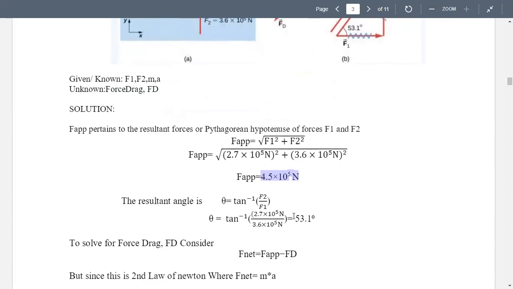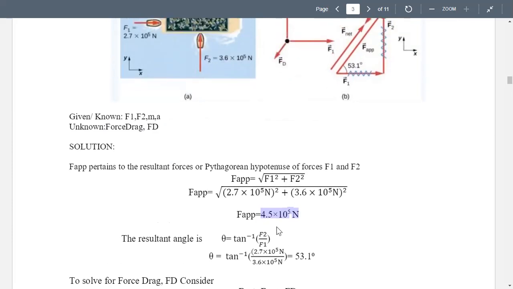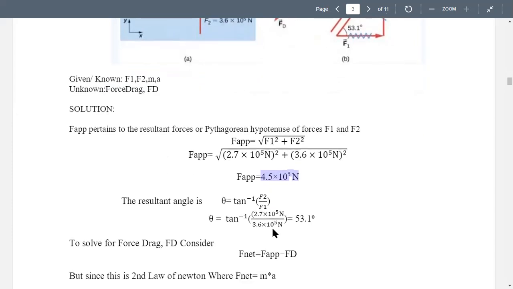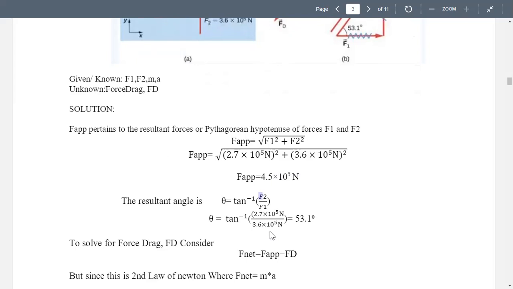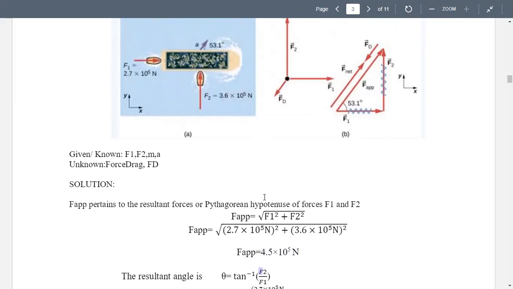How are you going to determine your resultant angle? Your resultant angle would be equal to the arctangent of F2 over F1, the vertical force over the horizontal force. Your F2 here, as illustrated, is the force exerted by the second tugboat.